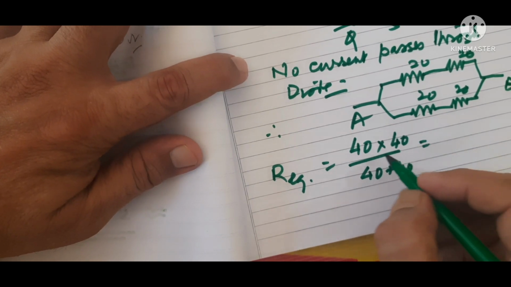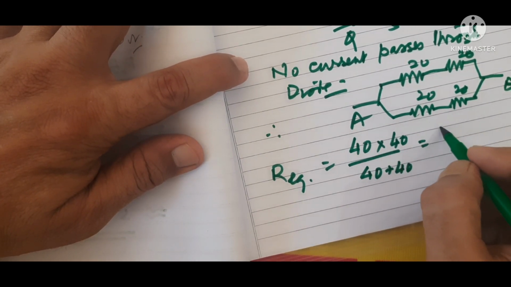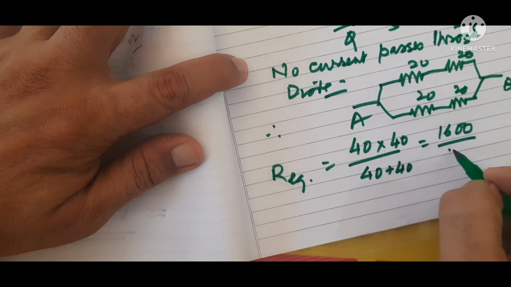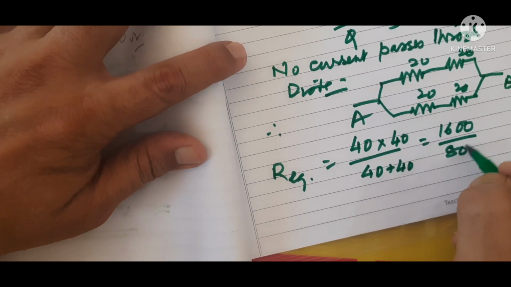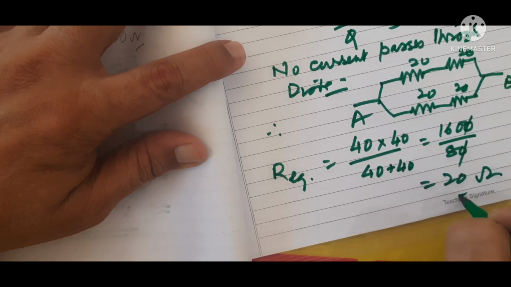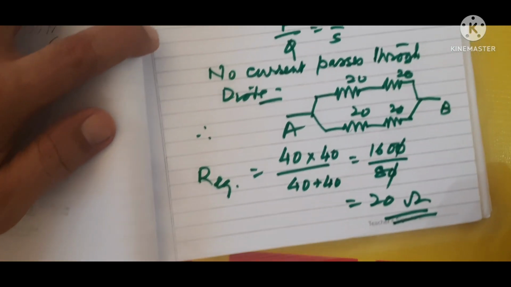That comes out to be 1600 by 80, so cancelling, that is 20 ohm. That should be your answer.